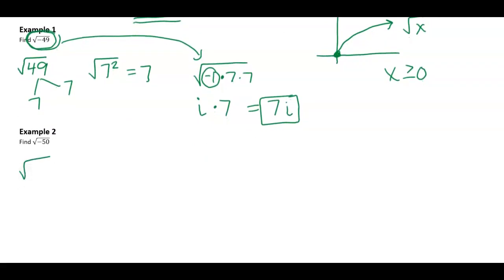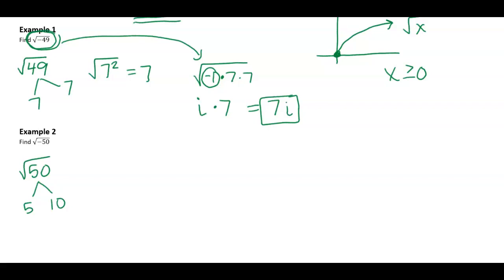Well, the square root of 50 is not, or 50 I should say, is not a perfect square. I might say, oh, well, it's 5 times 10, but that doesn't really help me because 5 and 10 are not the same number twice, like 7 and 7.